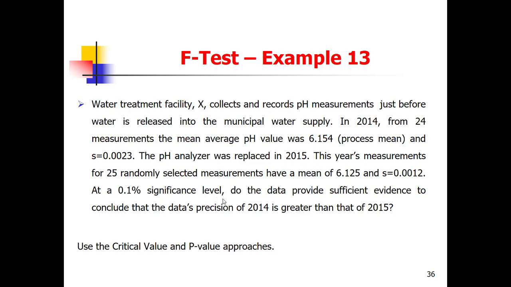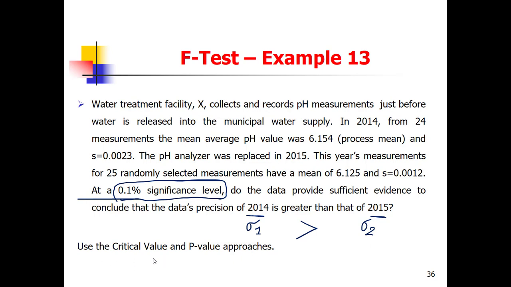At this significance level, alpha here is 0.1%. Do the data provide sufficient evidence to conclude that the precision in 2014 is greater than in 2015?